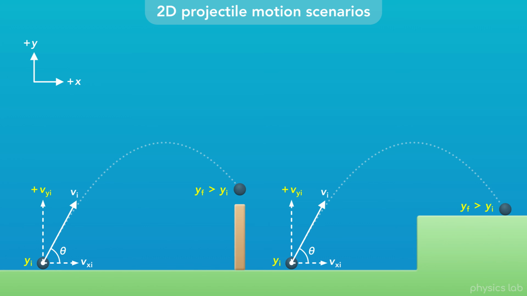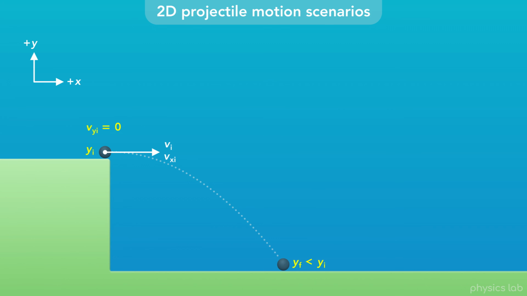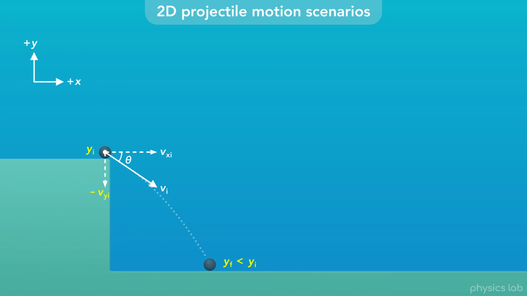The final height could be greater than the initial height, like if it's going over a wall or landing at a higher point. Or the final height could be less than the initial height, like if it's launched from a cliff. If that's the case, the initial velocity could also be horizontal, so the initial y velocity is 0. Or the angle could even be below the horizontal, so the initial y velocity points downwards and it's negative.